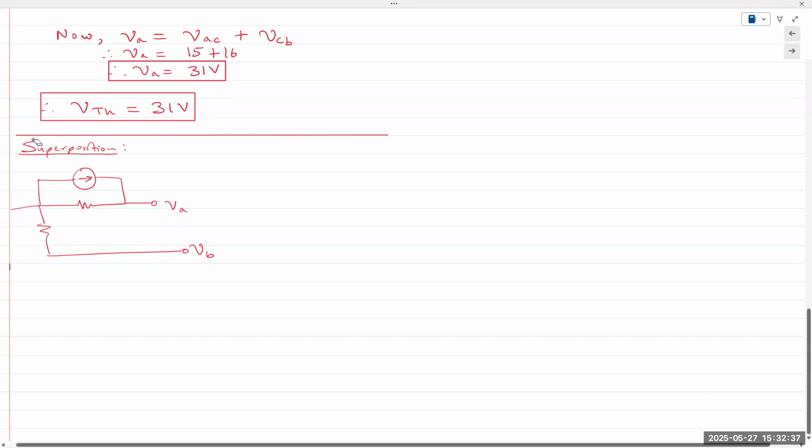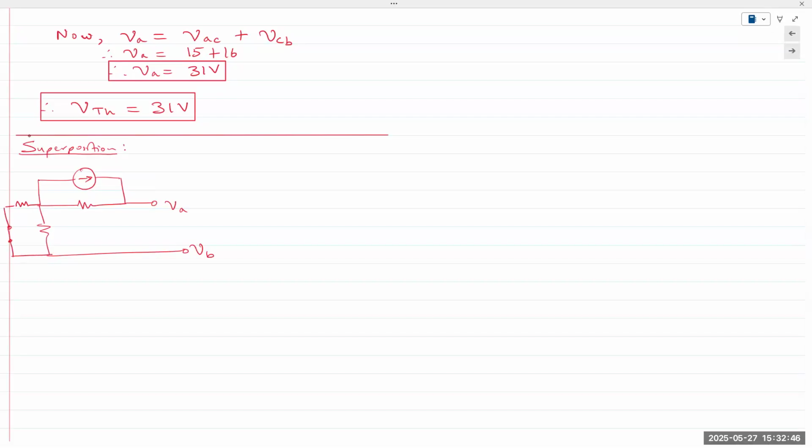But in any case, it's not going to affect the circuit because VA, due to this 1.5 amp current source, is 1.5 times 10, which is equal to 15.